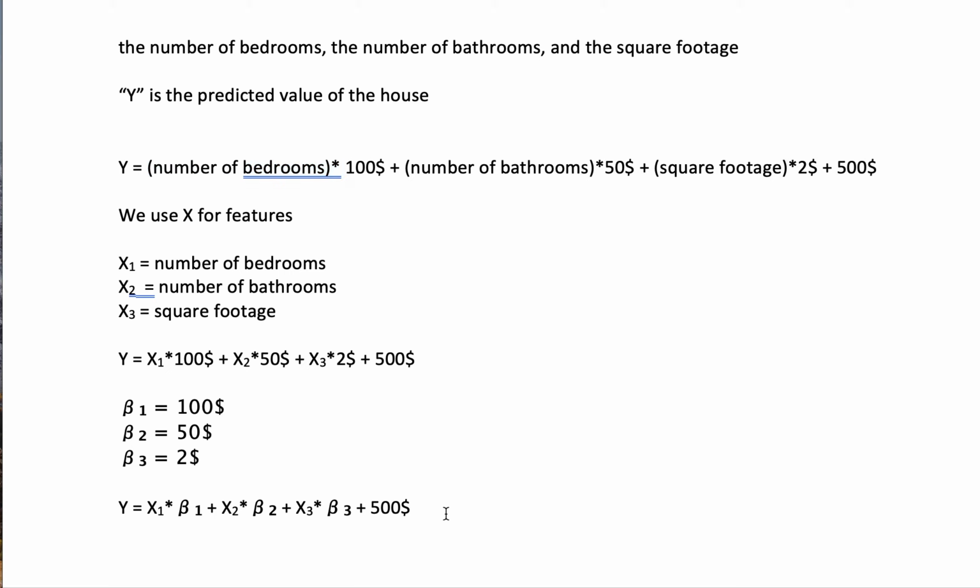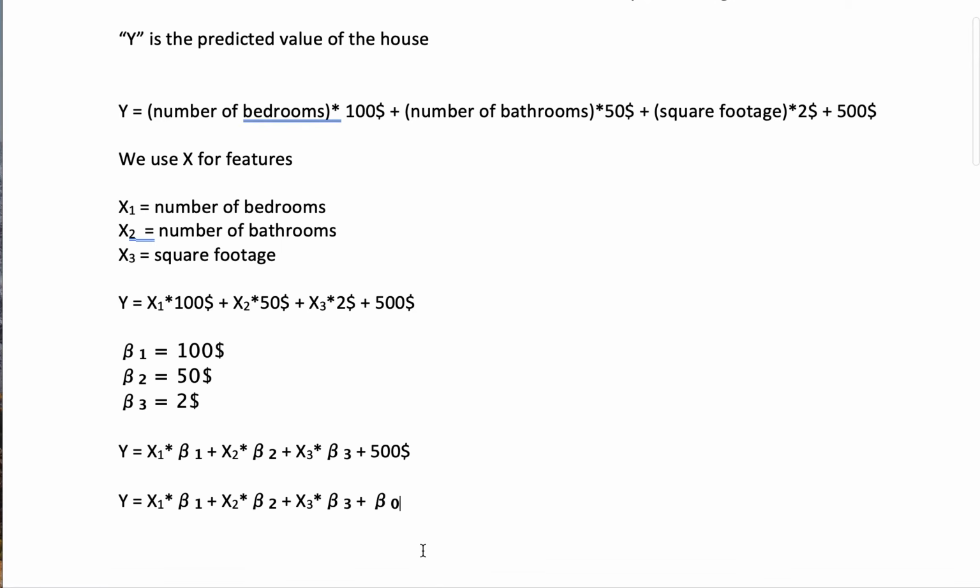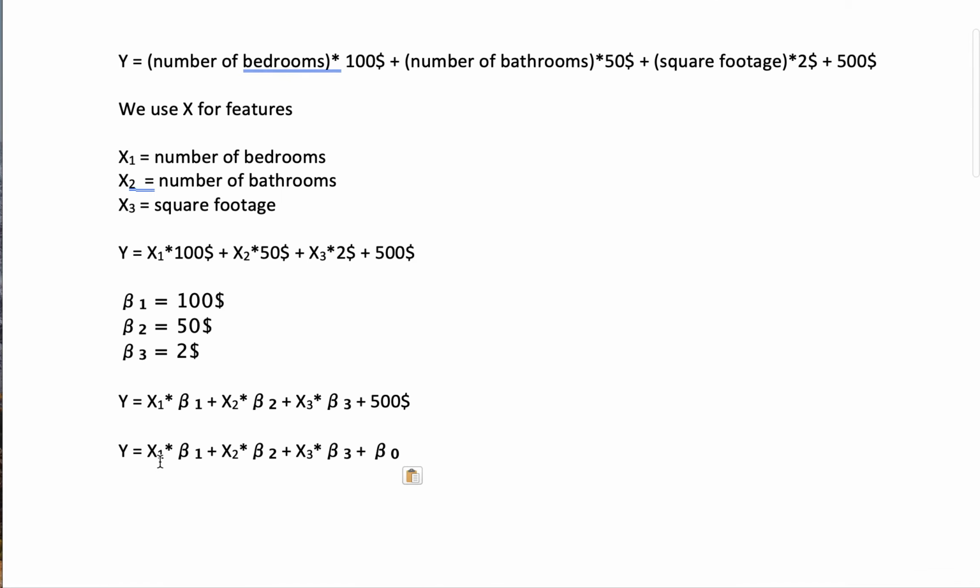Now, the one thing I didn't do yet was our baseline costs. So our baseline costs get a special place as beta 0, making our final equation this: x1 beta 1 plus x2 beta 2 plus x3 beta 3 plus beta 0.